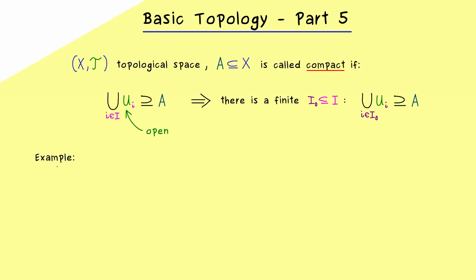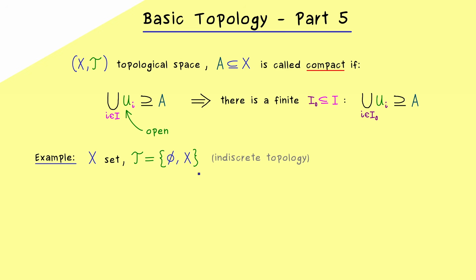For example, the indiscrete topology makes everything simple. And in fact, this one we can write down for any set X, simply because the only open sets are the empty set and X itself. And because of that, there are not so many possibilities for open covers at all. Indeed, the only set that essentially covers a given subset A is the open set X itself.